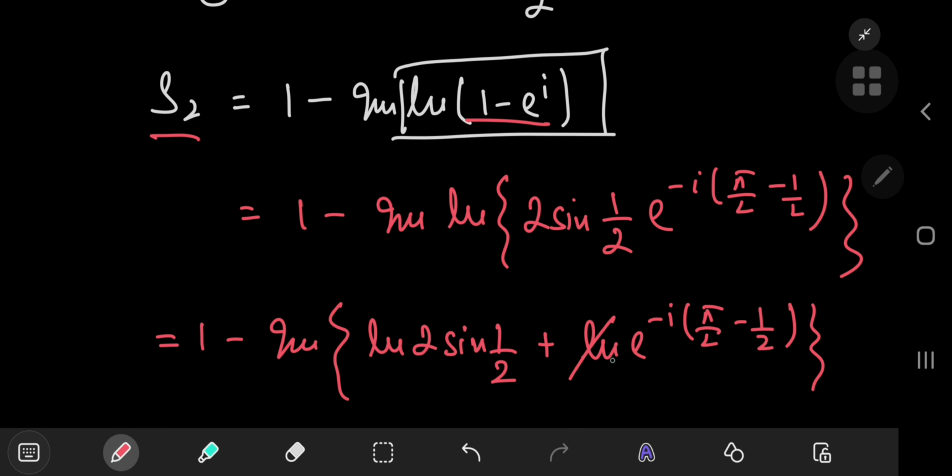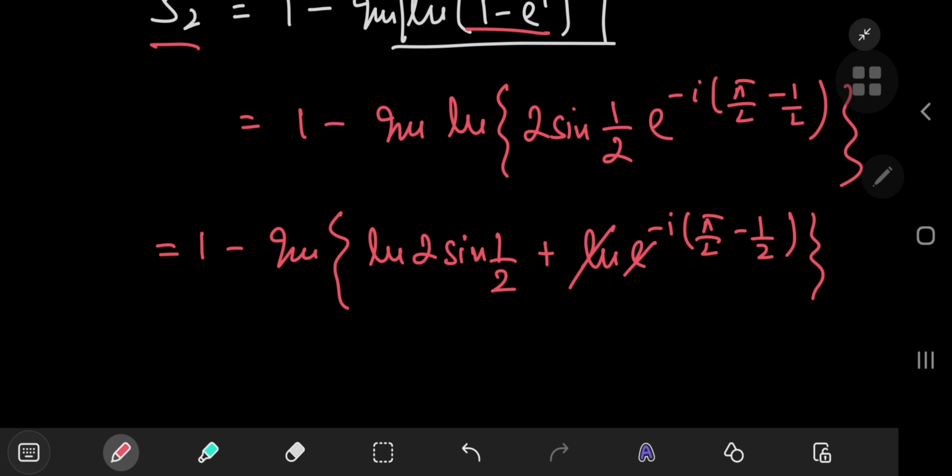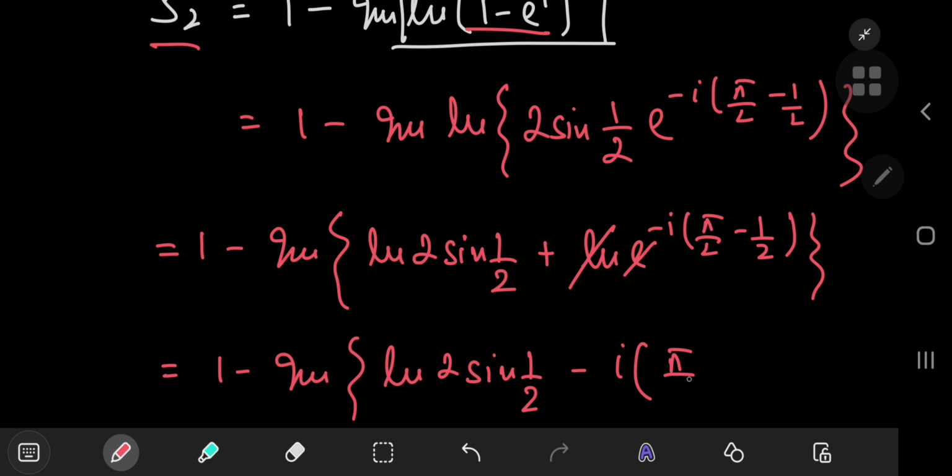And the logarithm and the exponential function here are inverse functions, so they cancel out nicely, and you're left with 1 minus the imaginary part of log 2 sine 1/2 minus i times pi by 2 minus 1/2.